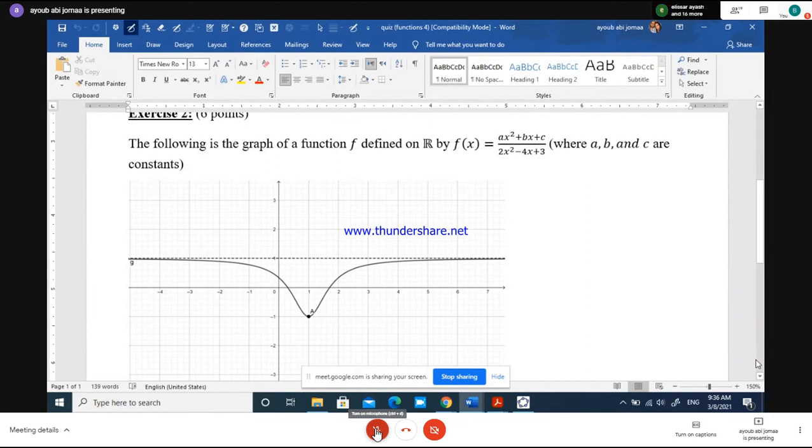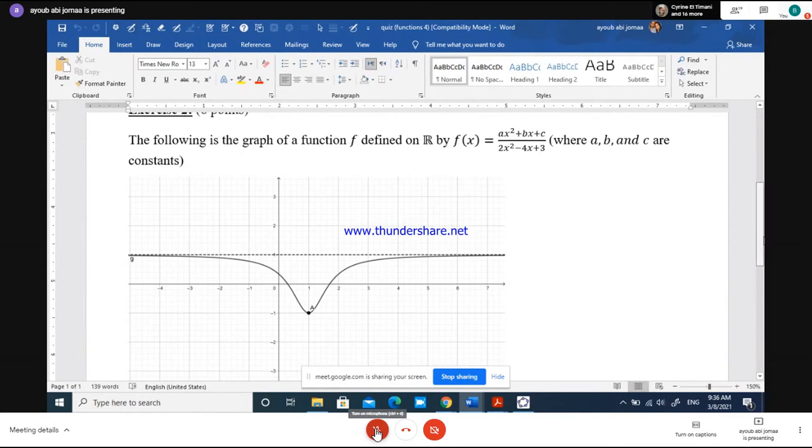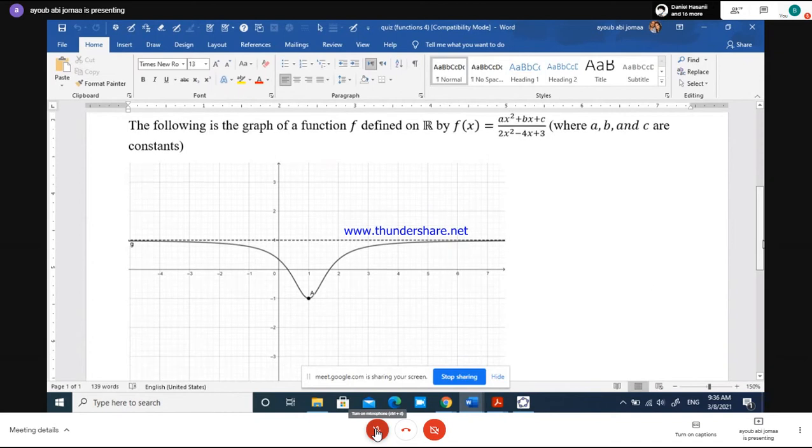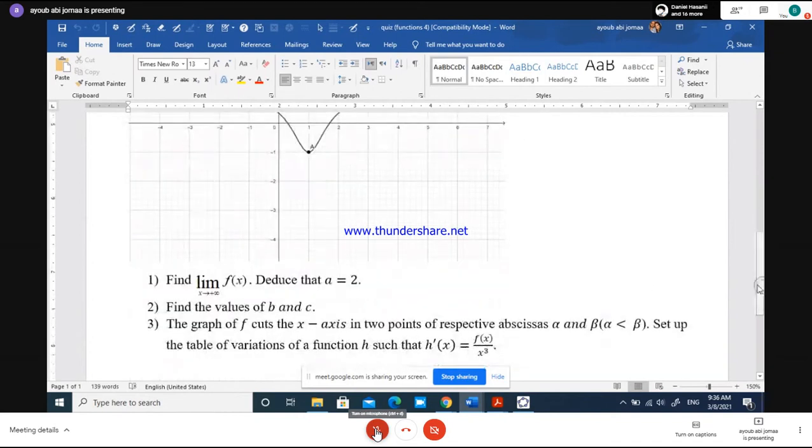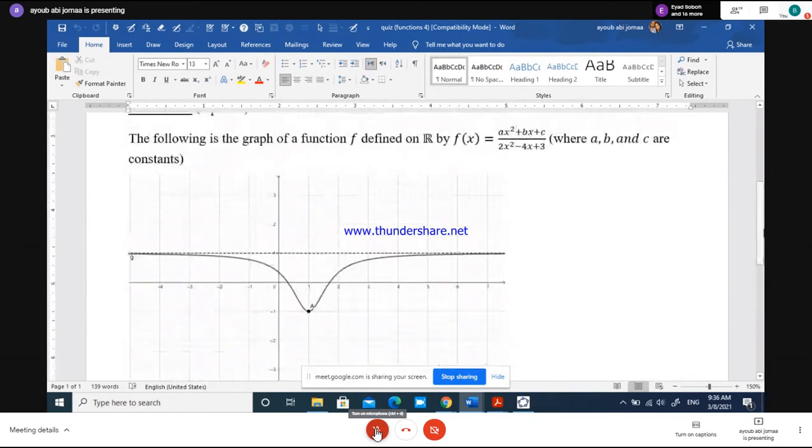It is under the form of ax squared plus bx plus c over 2x squared plus or minus 4x plus 3. A, B, C are constants. Find A, B, and C. Only one question.